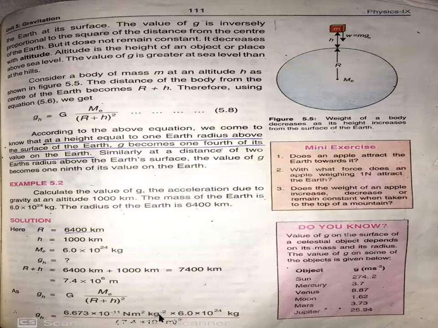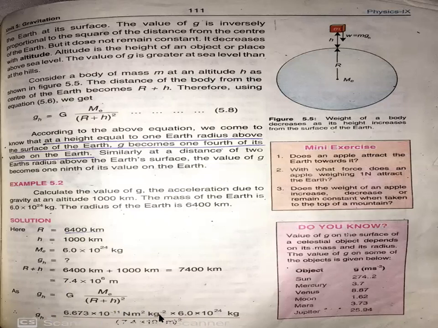How will you calculate this, student? When there is a multiplication sign, the powers will be added. So 10 to the power 24 plus 10 to the power minus 11 will be added. Solve 6.673 multiplied by 6, and then solve 10 to the power 24 and 10 to the power minus 11 separately.